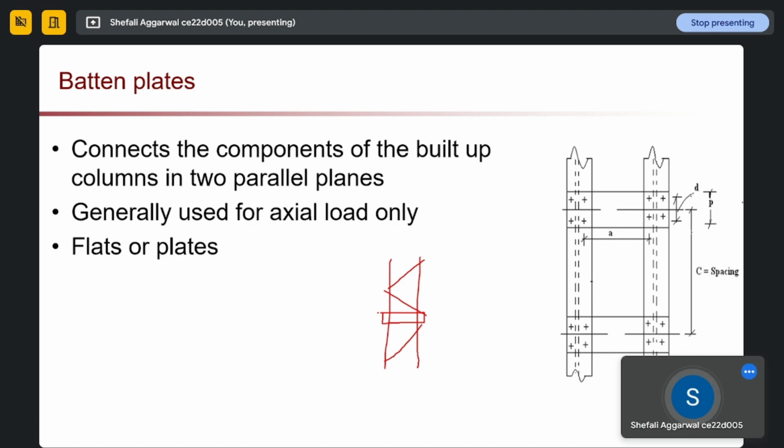Their main function is to connect the components of built-up columns in two parallel plates, and it is generally used where we have only axial loads, and normally we provide flats or plates. We can provide channel section or tubular section also, but normally we prefer flats or plates.